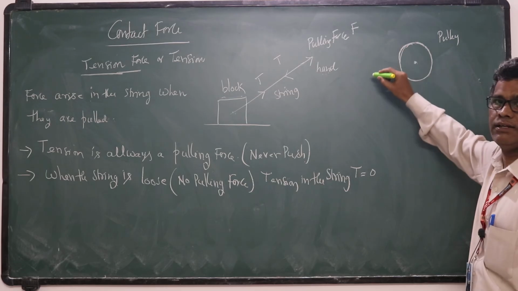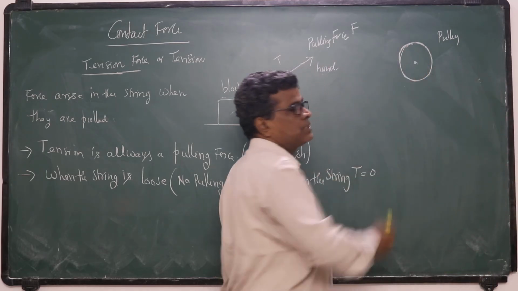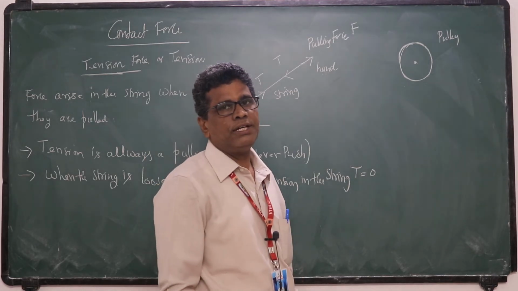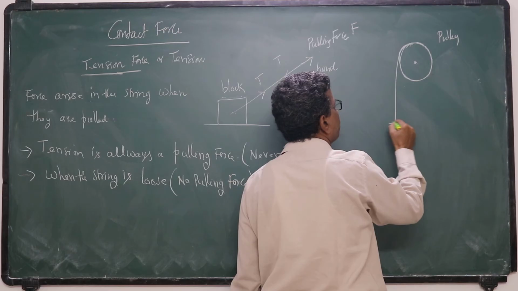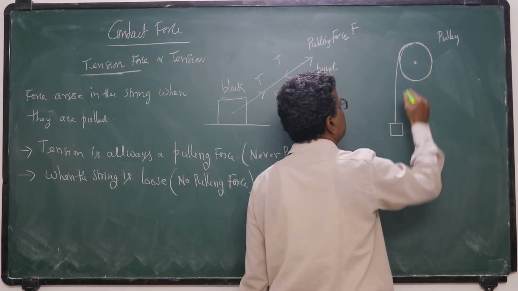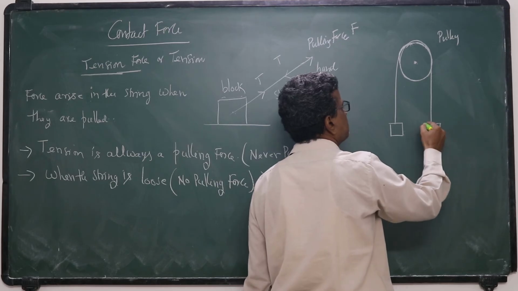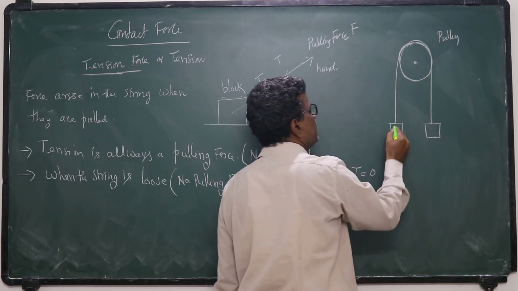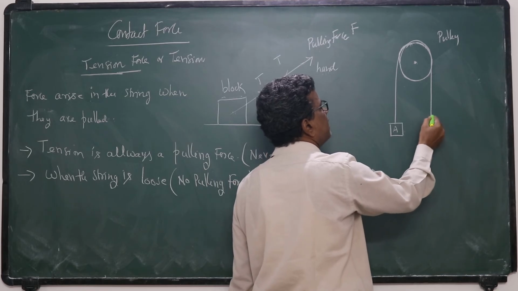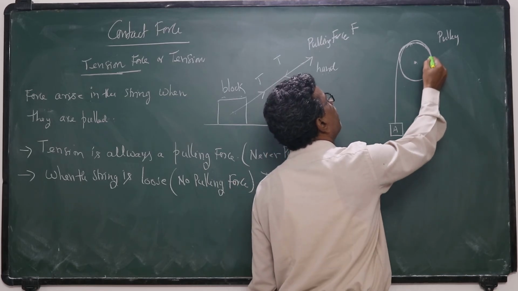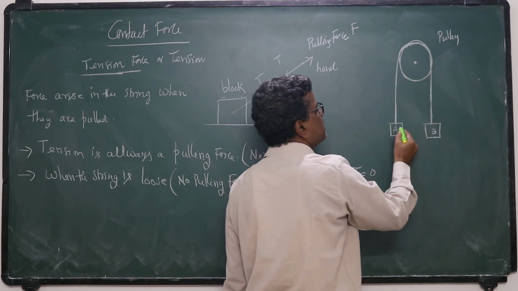That wheel rotates about the axis passing through the center without any friction. If a string is passed over the pulley, these are the objects. How many objects did I assume? Two objects, A and B. How are these two objects connected? With the help of a string.